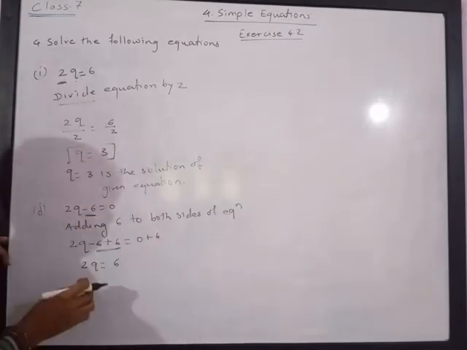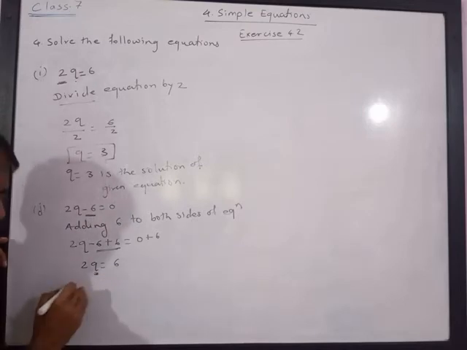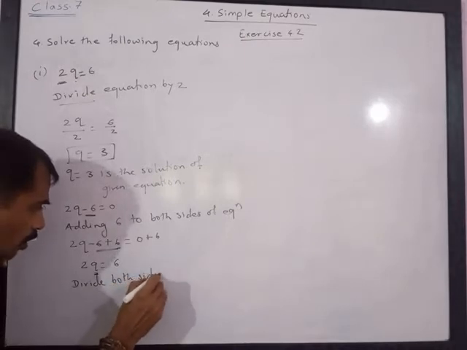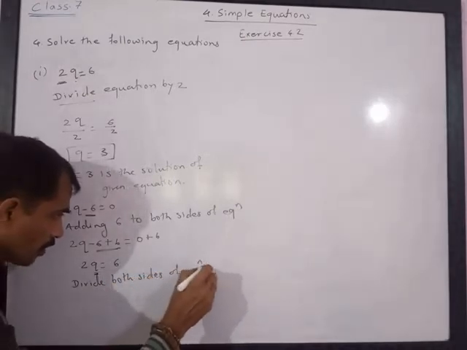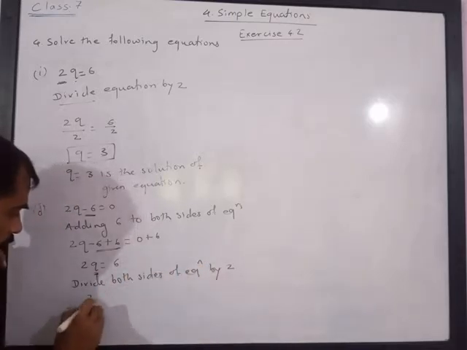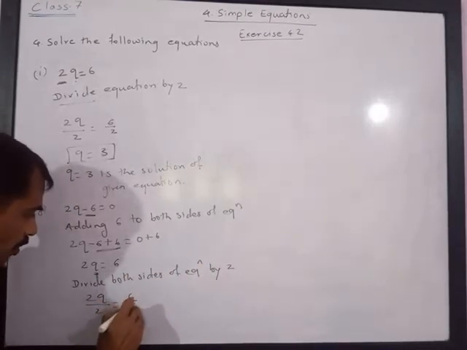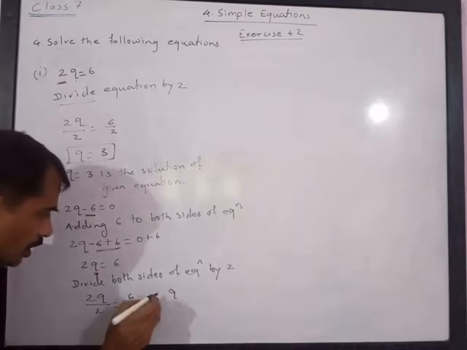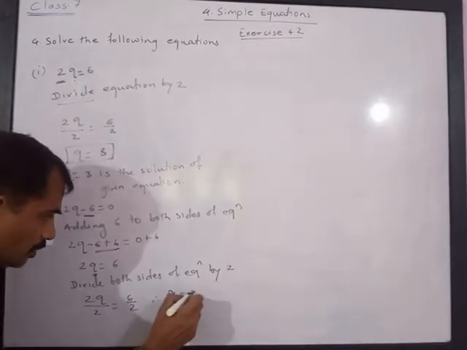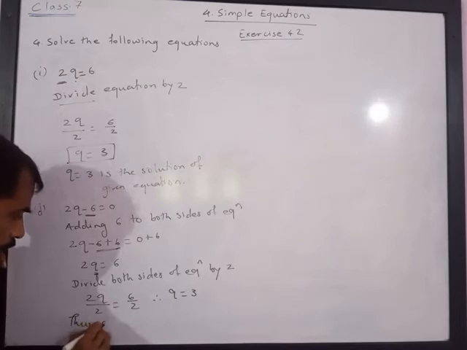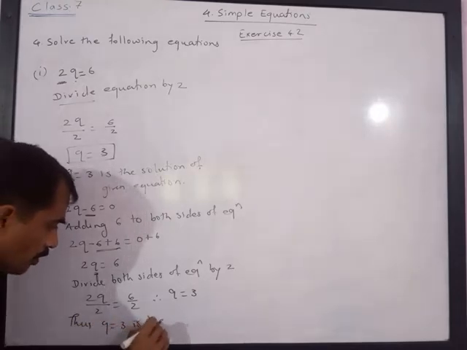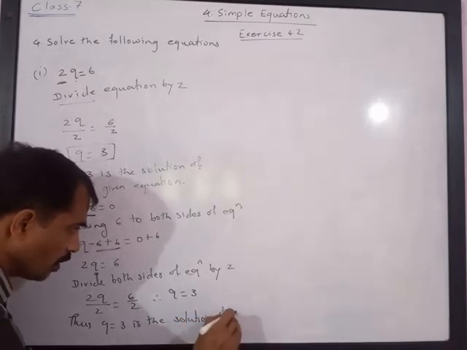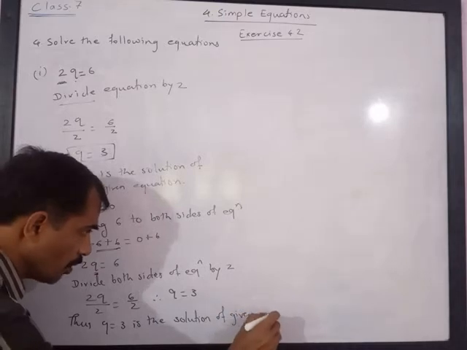So in order to find the value of the variable, divide both sides of the equation by 2. So you will get 2q upon 2 is equal to 6 upon 2. Here again 2 can be eliminated, so you will get q is equal to 3. Thus q is equal to 3 is the solution of the given equation.